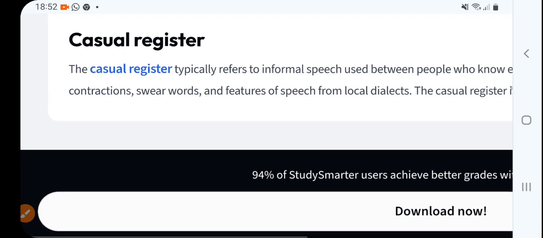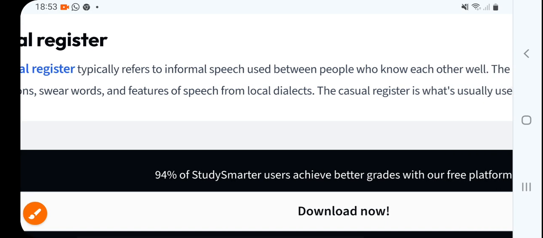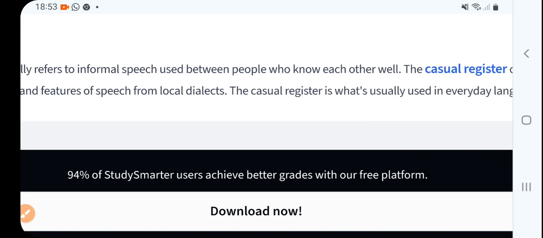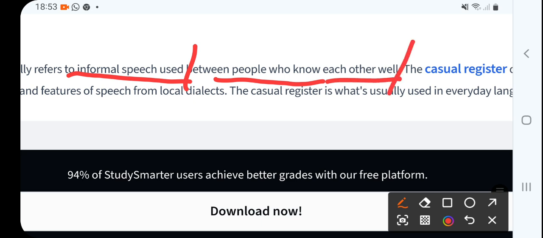Right? Now the fourth one is the casual register. As the name suggests, the casual register typically refers to informal speech used between people who know each other very well, right?